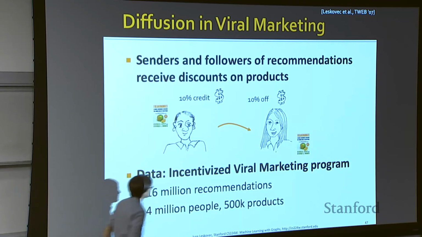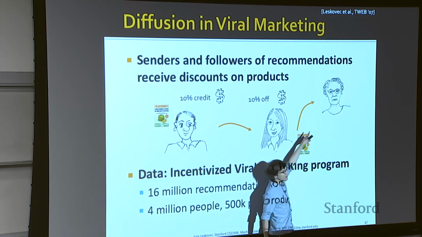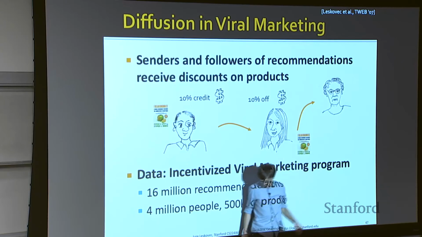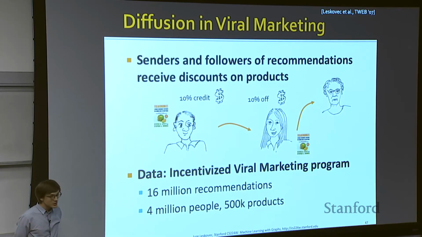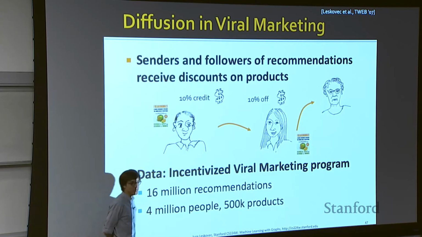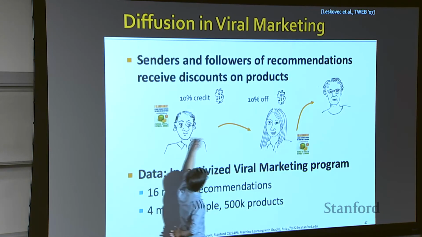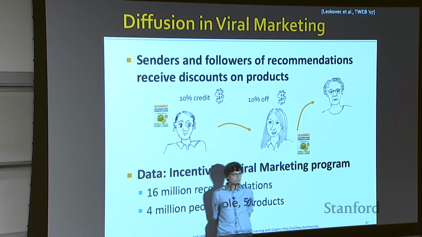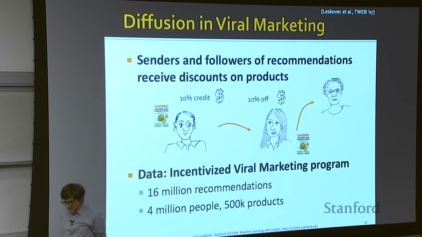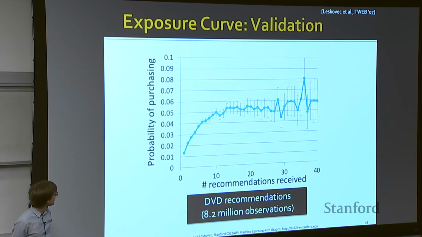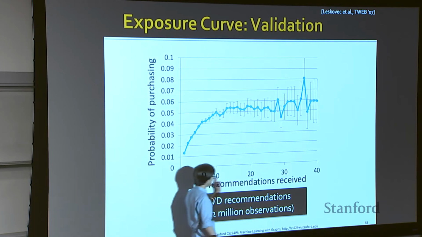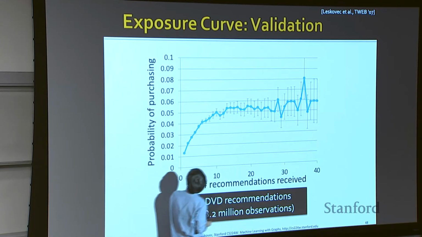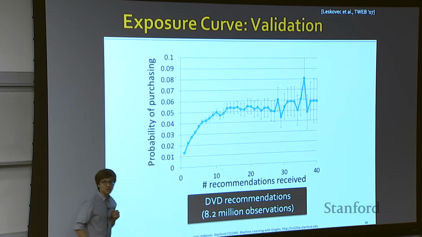And of course, then this person could further recommend the book to the grandma and so on. And this could spread. So the question is, how does your probability of buying change as more and more people recommend you the book? And this is how the graph looks like. So this is the number of recommendations people received versus probability of adoption.